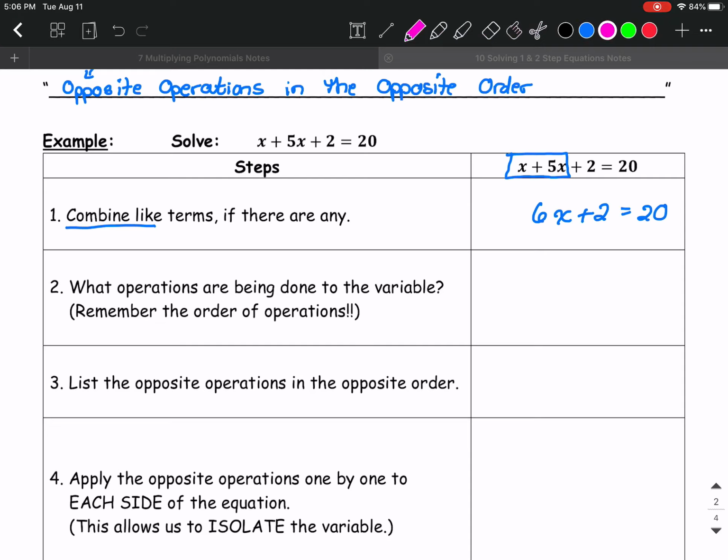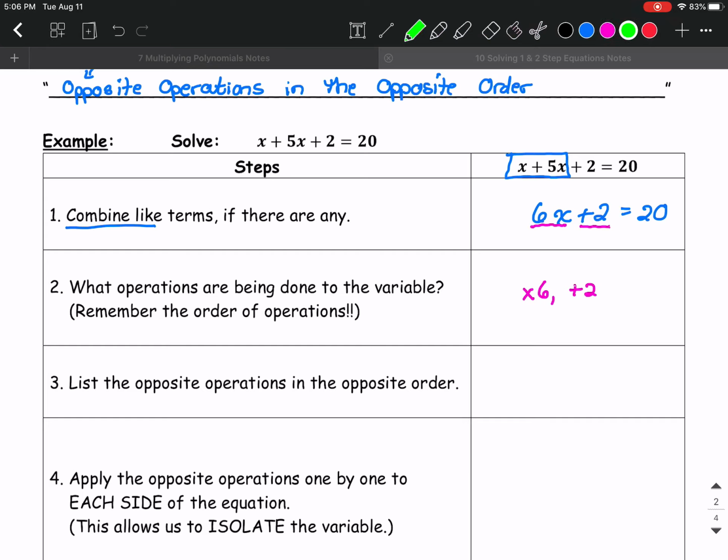What I'm asking is, if I asked you to plug in 10 for x, what would you do to the 10? The first thing you would do is multiply by 6, and then you would add 2. So those are the operations that we do.